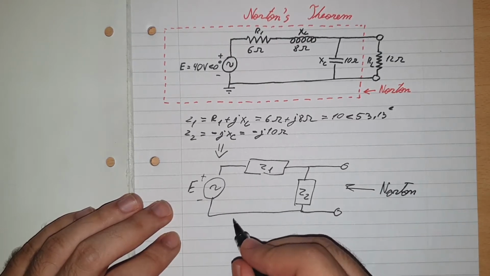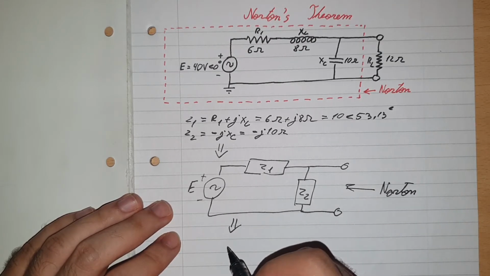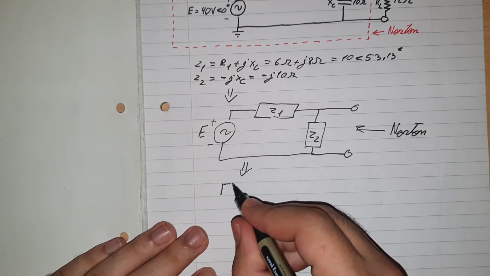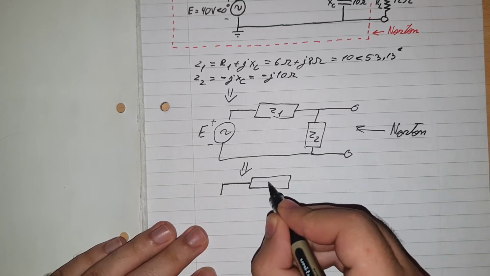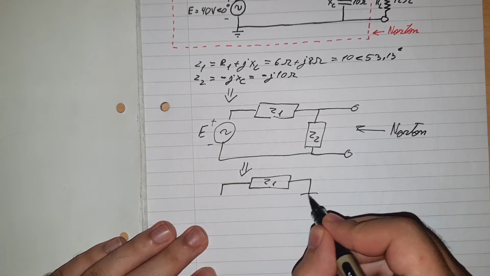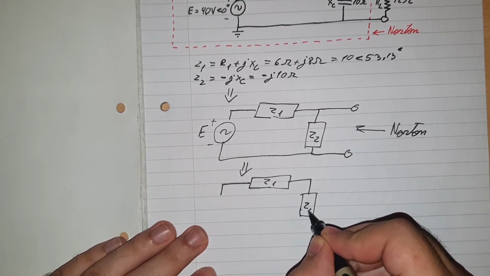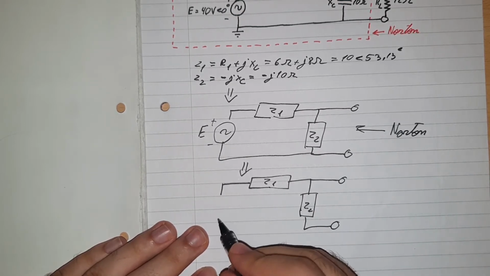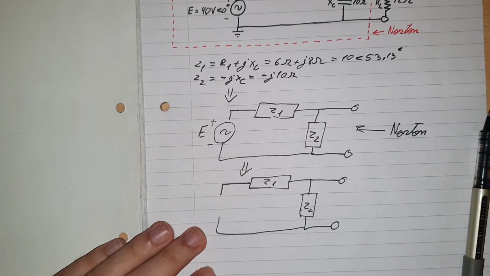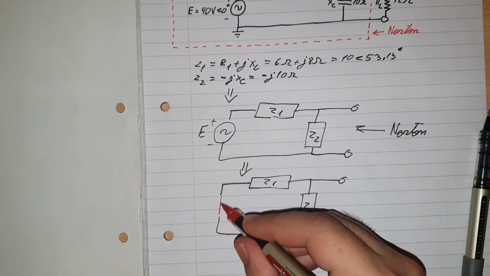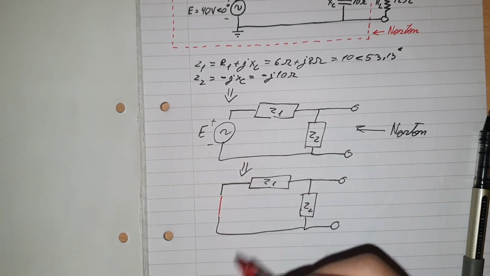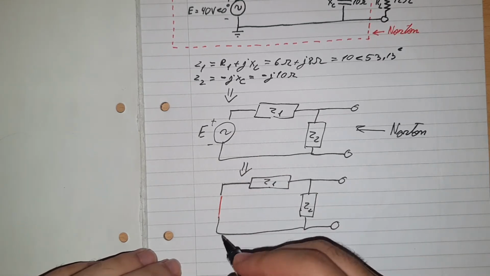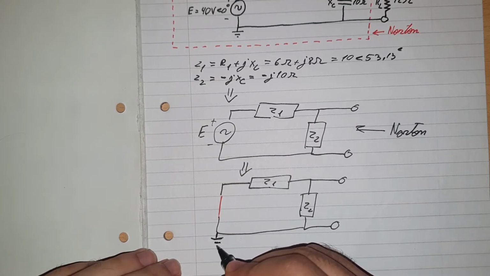The first step is to calculate the total resistance, so we are going to draw something like this: Z1, exactly the same as for Thevenin's, and this one will be Z2, opening here. This one here in red will be the replacement for E, because it will be replaced with a short circuit, and here will be the ground.